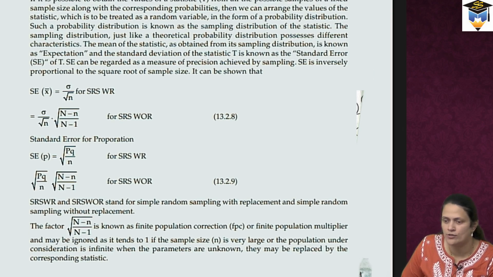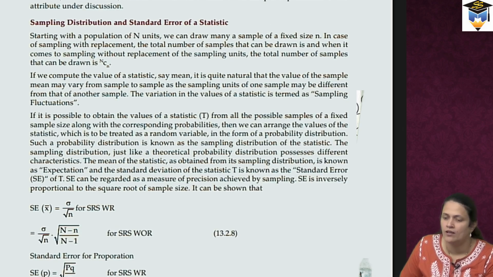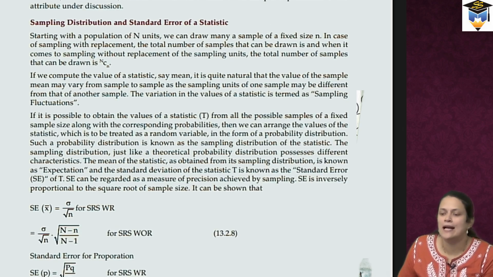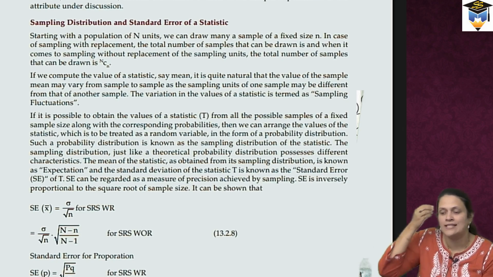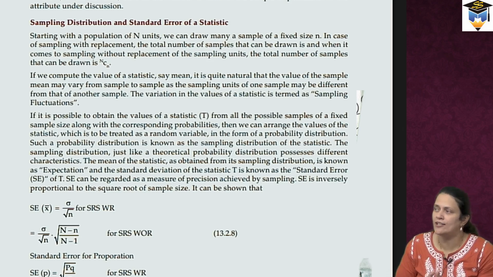No. So let us go to the, okay, give the heading as sampling distribution and standard error of a statistic.